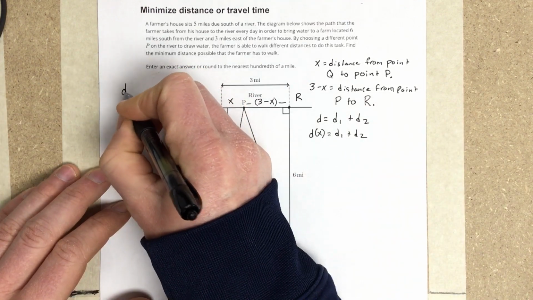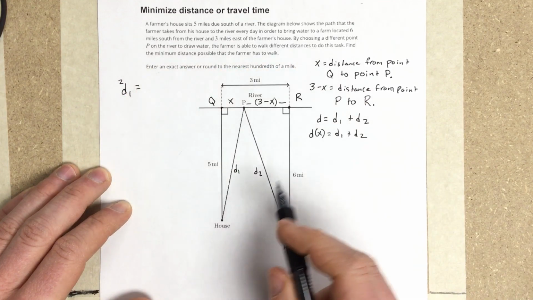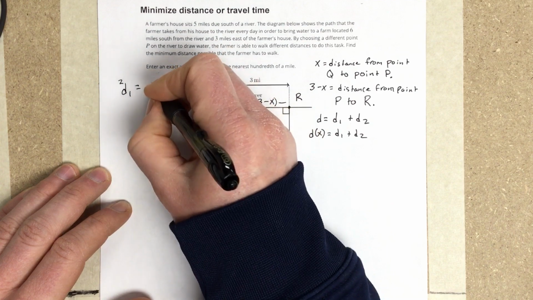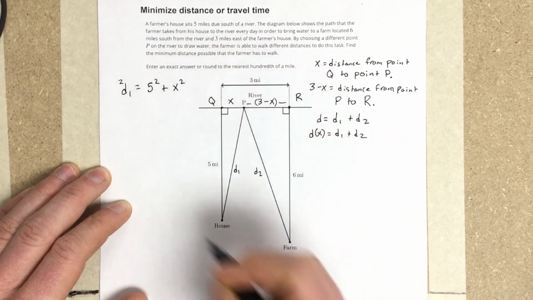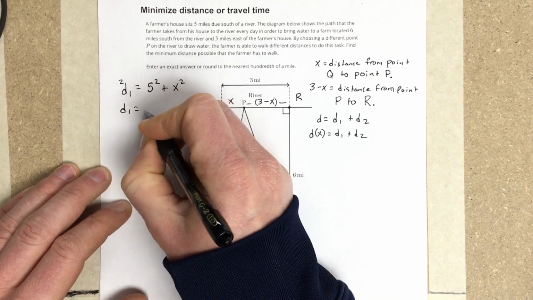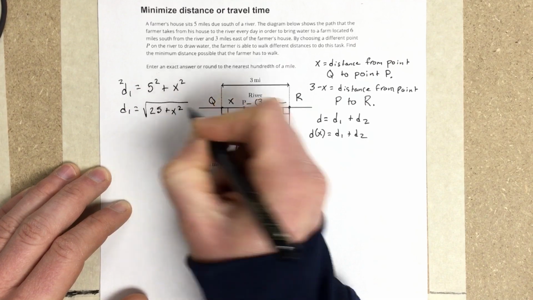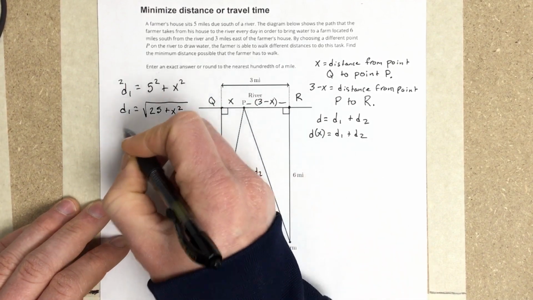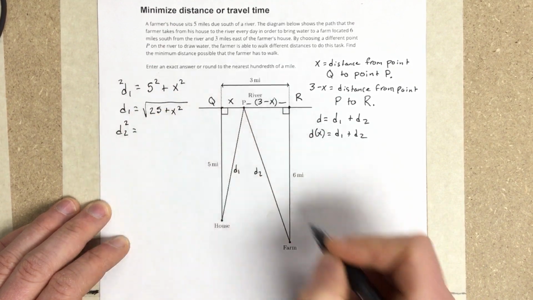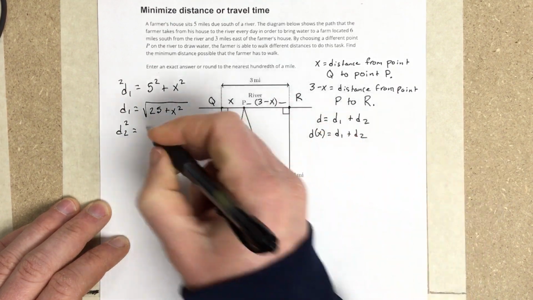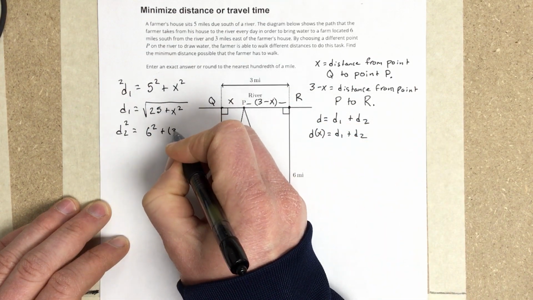And then I'm going to find some values for D1. So D1 squared is going to equal 5 squared plus x squared. So then D1 is going to equal the root of 25 plus x squared. D2 squared is equal to 6 squared plus (3 minus x) squared.